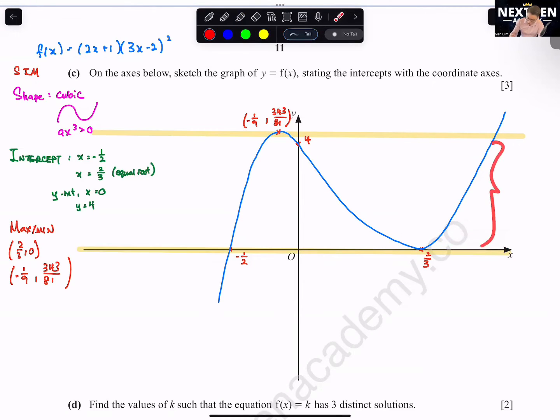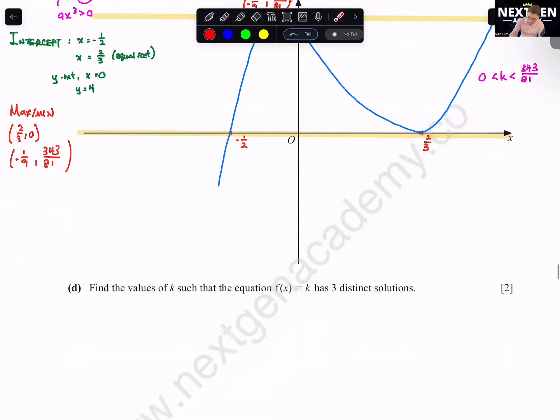This part here is all 3 solutions, because when I draw a horizontal line you see 1, 2, 3. So how do I express this? It will be between 0 and 343 over 81, because you see the turning point is over here. So this is your answer: 0 to 343 over 81.